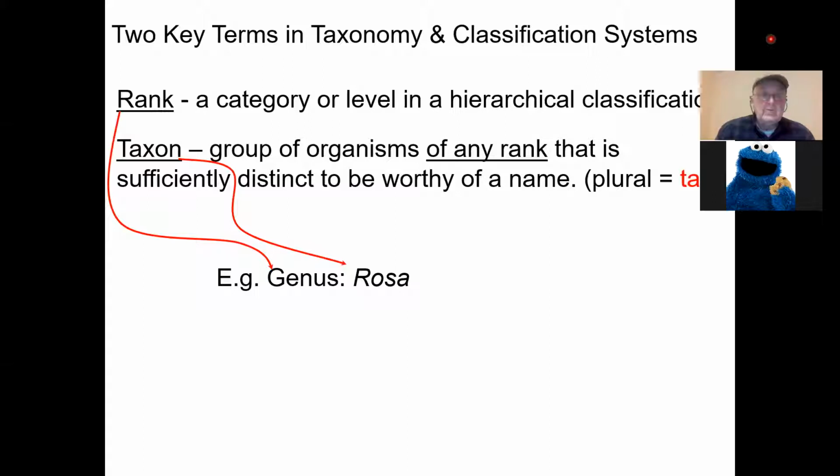Let's do this: think about a mailroom analogy. The old-fashioned mailroom had a bunch of slots, and what goes into the slots? Letters. So the slot is like the genus and the letter is like Rosa. And so that's the difference between rank and taxon. The plural of taxon is taxa.